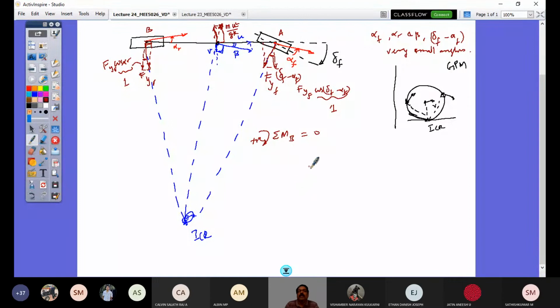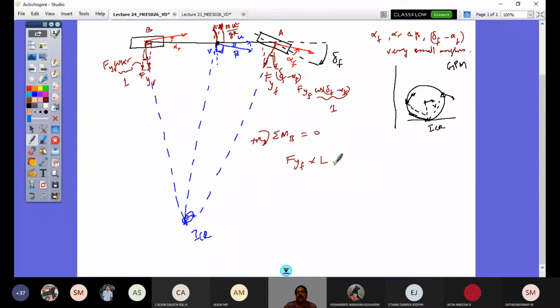So what would happen? If I have to take moment about this, I will have Fy F, which is positive, into L. Fy F into L. And this component, about B, is negative, right?